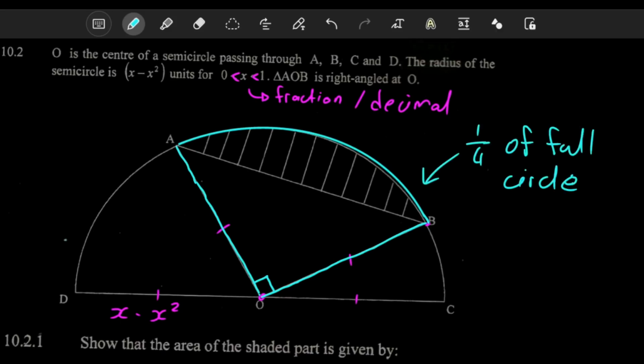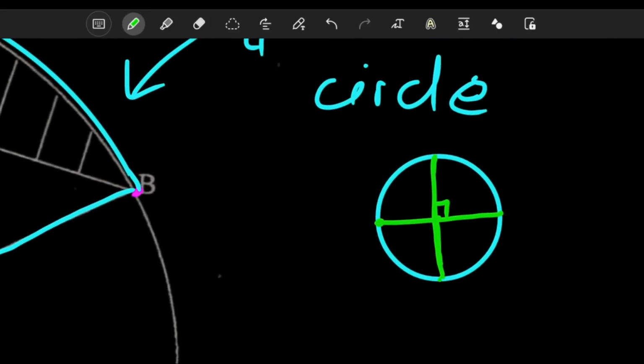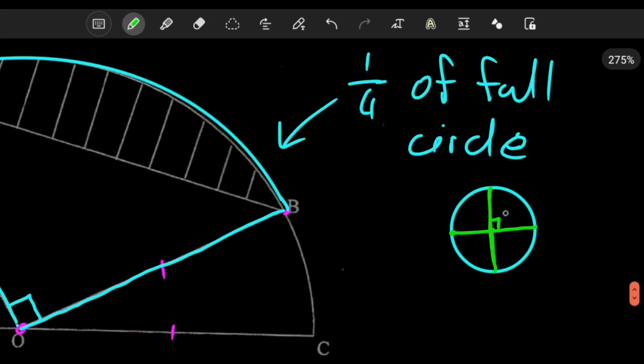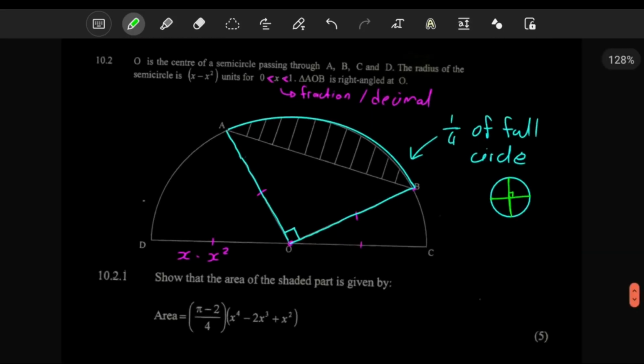If a full circle is cut into 4 pieces, each piece has an angle of 90: 90, 90, 90, 90. So in our case, this being a 90-degree angle, this portion is just a quarter of a full circle. That's important information.